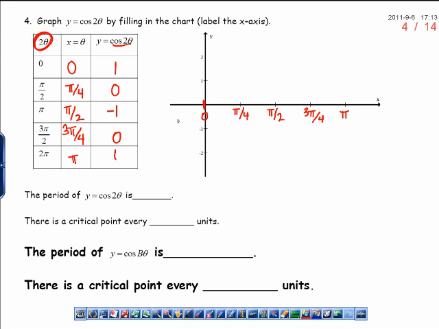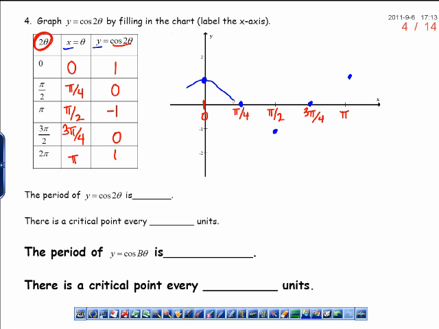Let's look at this visually. I'm going to switch colors here just to make it stand out. If we plot our points, we get (0, 1), (pi over 4, 0), (pi over 2, negative 1), (3 pi over 4, 0), and (pi, 1). These are all points. Again, we have x, we have y, we just plot the points.